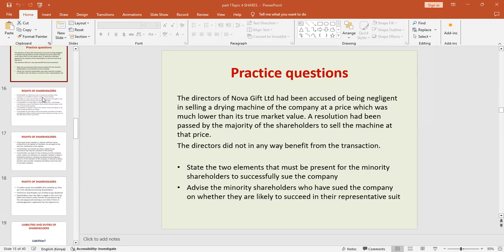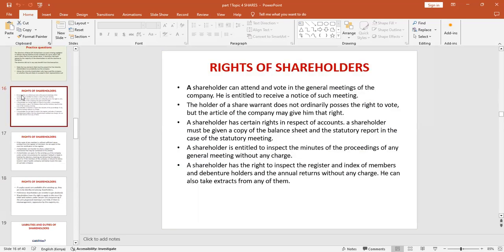Right, so let's finish this one by talking about the rights of shareholders. And again, this is just a quick one, okay? You have the right to vote and attend meetings. Now, a holder of a share warrant does not ordinarily possess the right to vote, because if you have a share warrant, it means you still don't have a share certificate. It means you've not completed the process of buying the shares, okay?